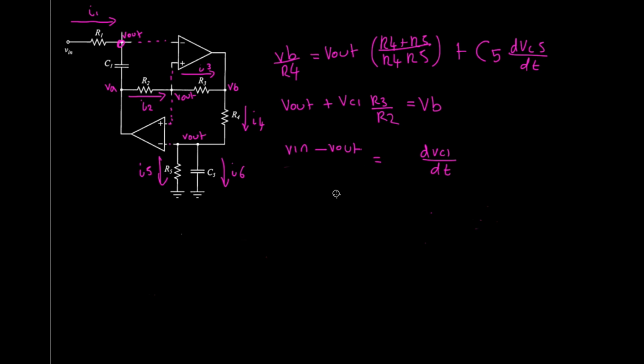So now we'll just tidy these up a bit and rearrange. And now we're going to start by substituting in our value for VB into the top equation. So we only have two equations we need to deal with. I'm leaving off the R4 here because we'll just multiply that on the other side, which is nice because, as you can see here, it's going to cancel the bottom of here, and we'll just place it up there.